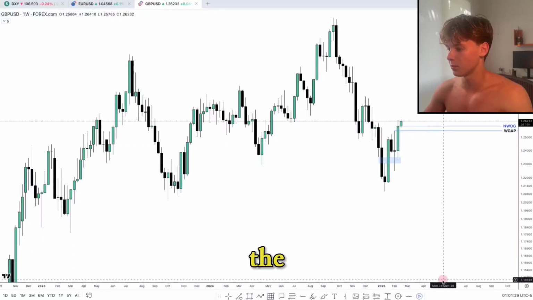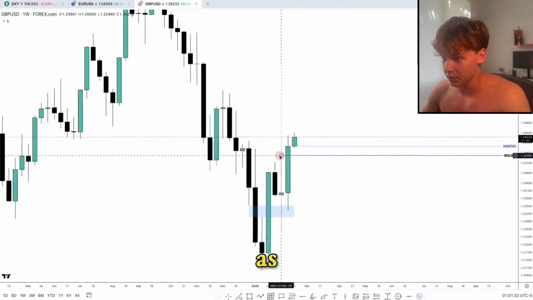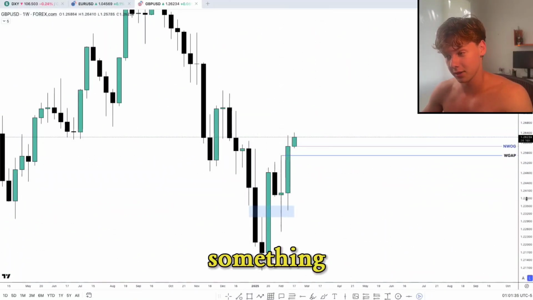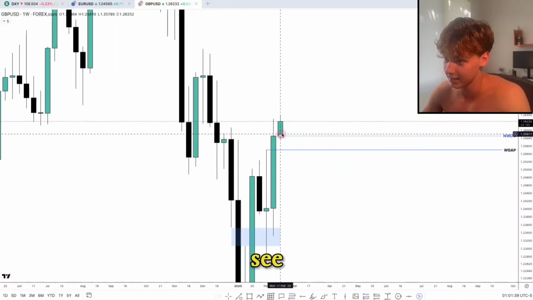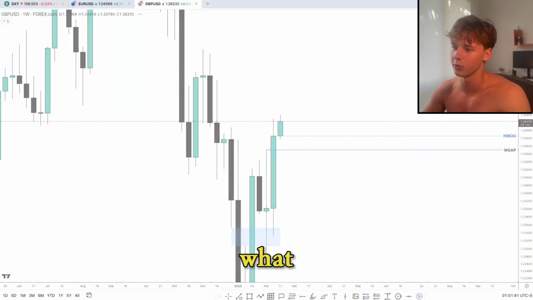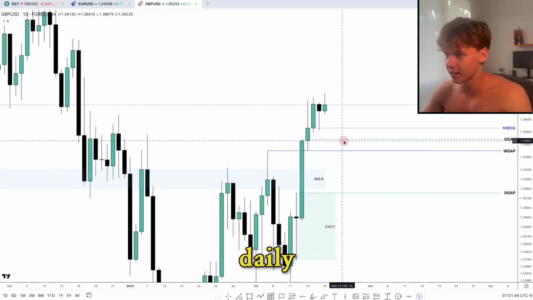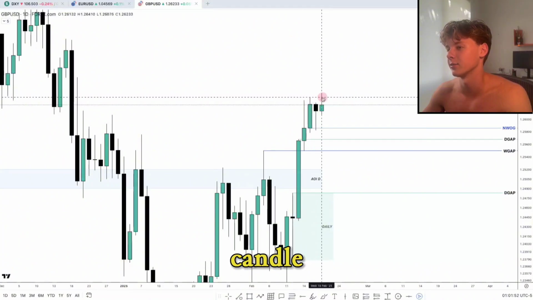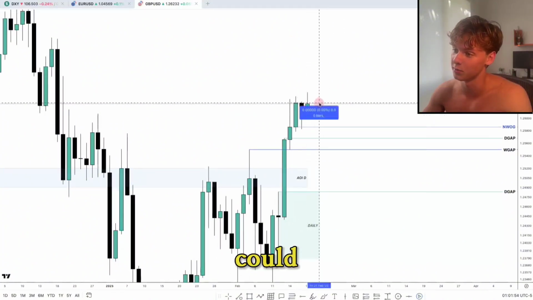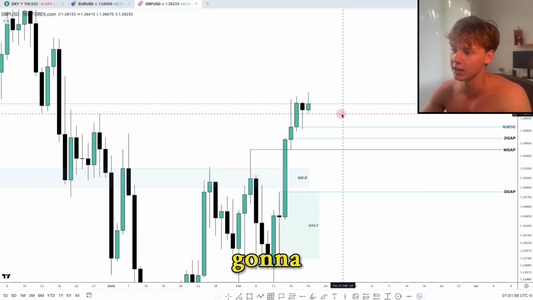Now going to the pound dollar. The weekly gap, as you can see, is currently still open. That's something to keep in mind coming into FOMC. I would like to see this closed, but let's see what the daily time frame is saying. We have this daily gap still open. This is Monday's candle. Tuesday's candle did nothing. We've swept now Monday's candle, which is a nice sign. For sure, I'm not going to keep longing right here.